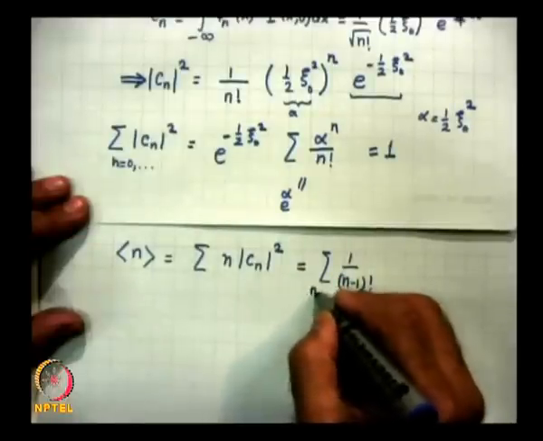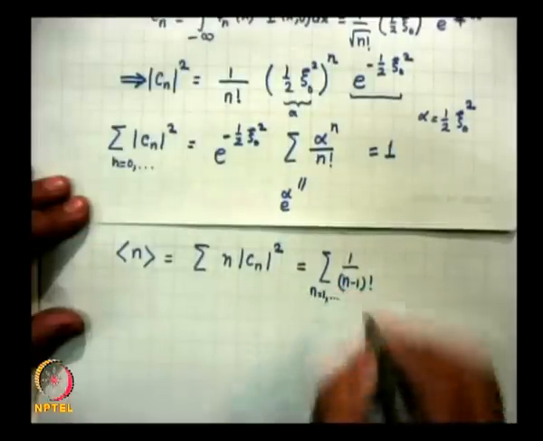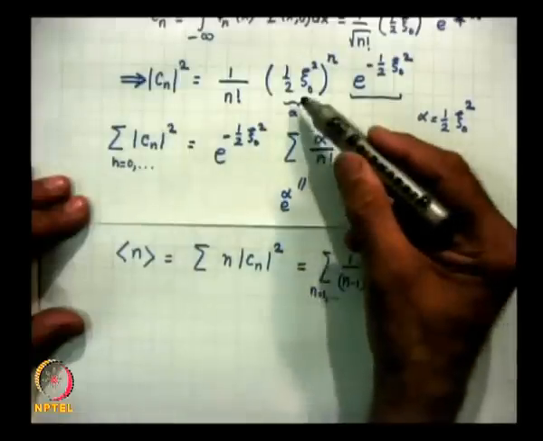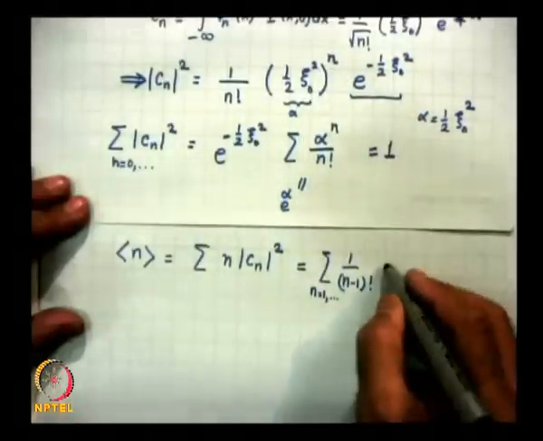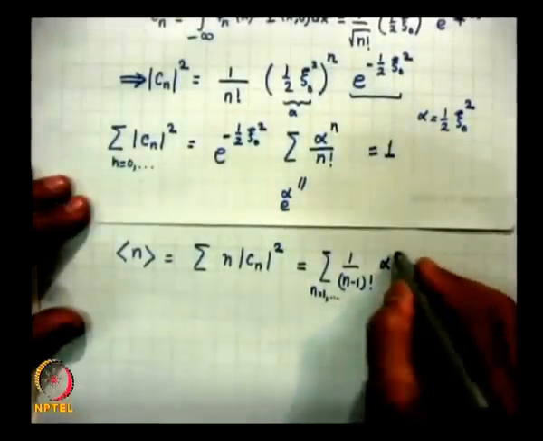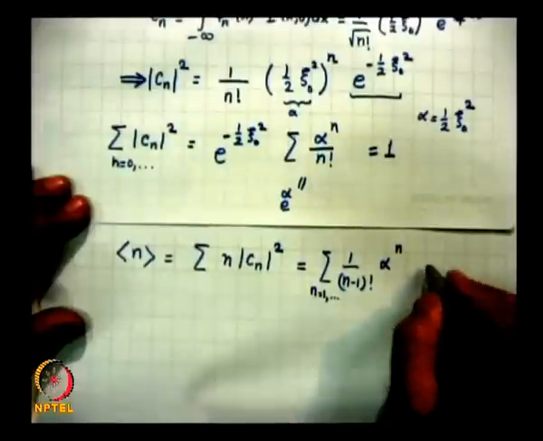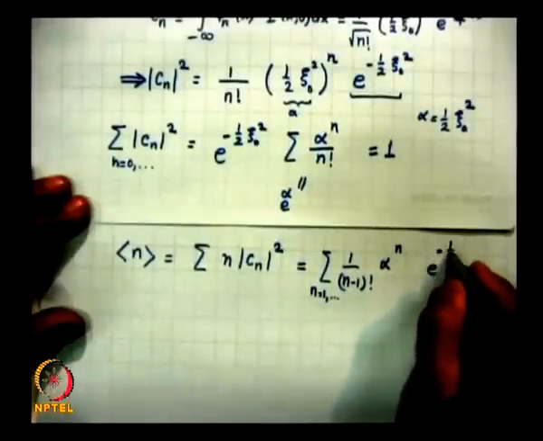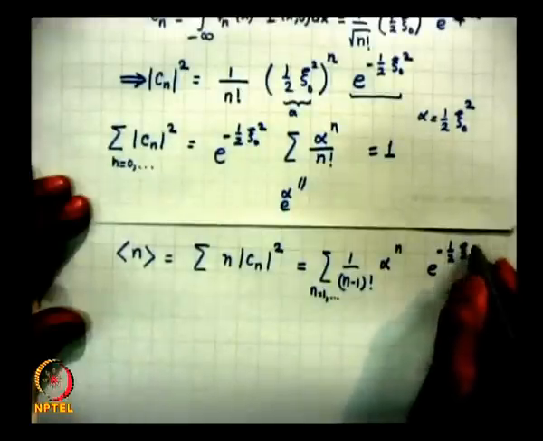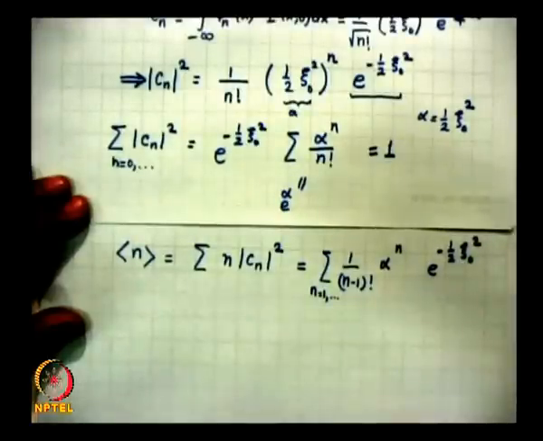Now n will go from 1 to infinity, and this is alpha to the power of n, and e to the power of minus half xi naught square I can take outside. So, this is e to the power of alpha.